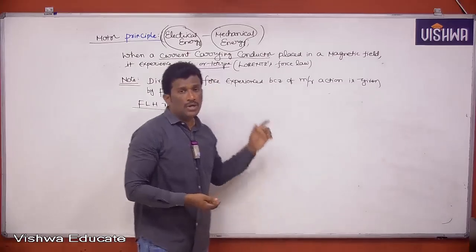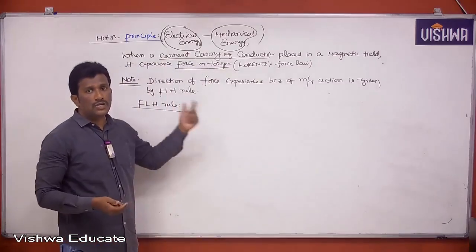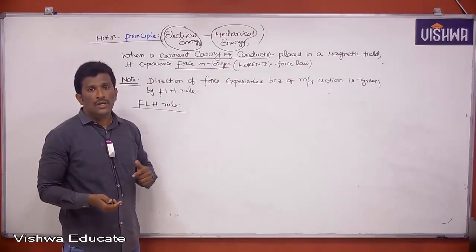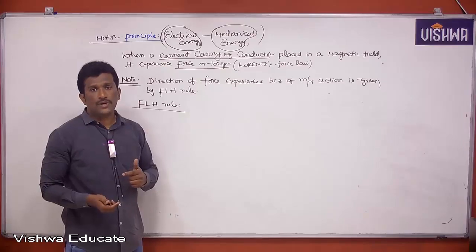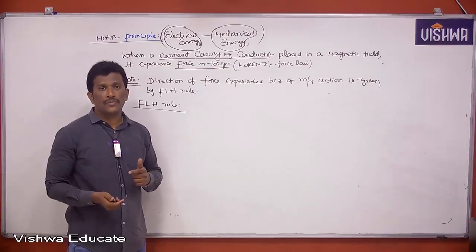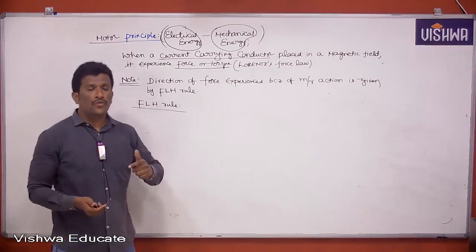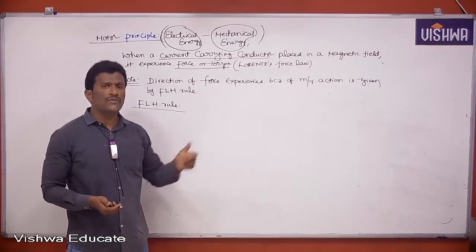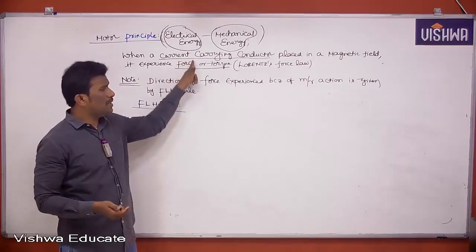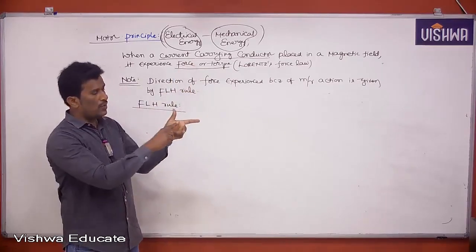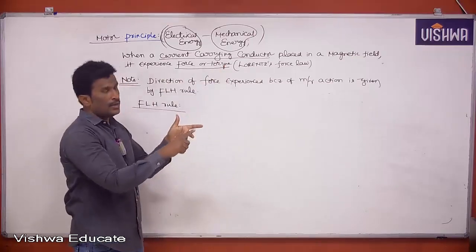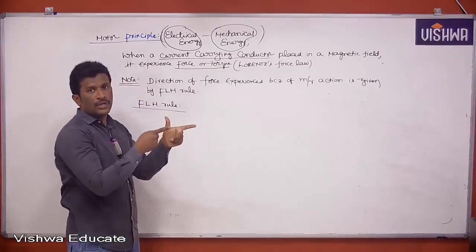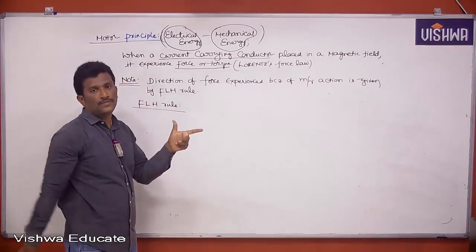Now I'm asking about the motor principle. Because of the motor principle, I got force experienced. If you want to know the direction of force experienced because of motor action, please go for Fleming's left hand rule. In Fleming's left hand rule, tell the statement like this: when a current carrying conductor is placed in a magnetic field, it experiences force or torque.